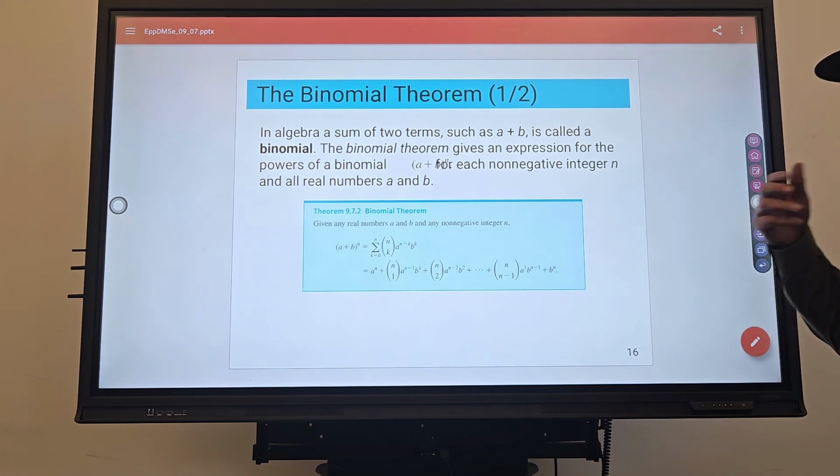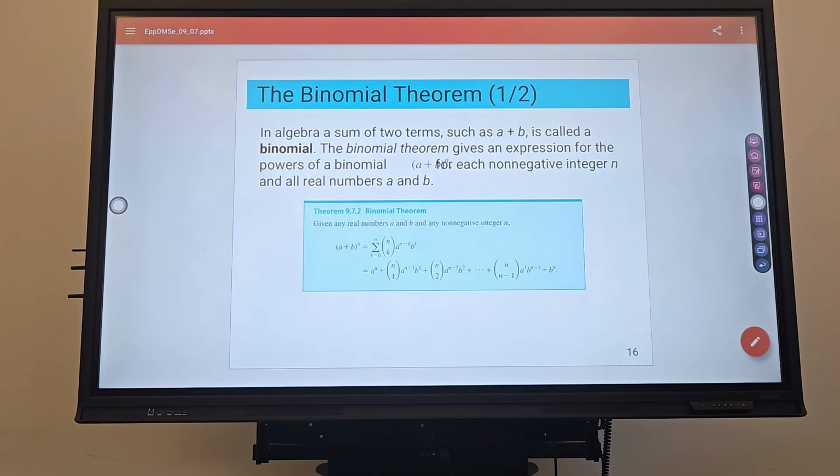The binomial theorem is given here: the summation from k equals 0 to n of n choose k times a to the n minus k times b to the k.